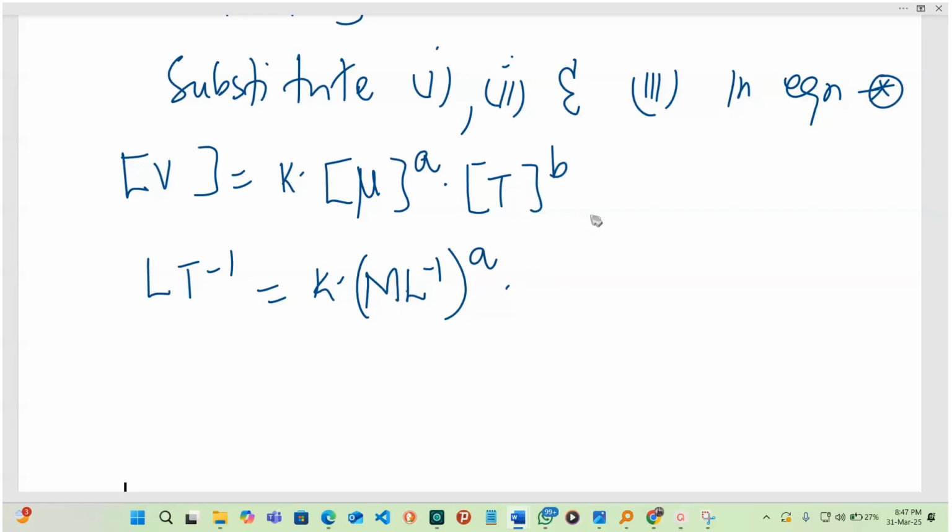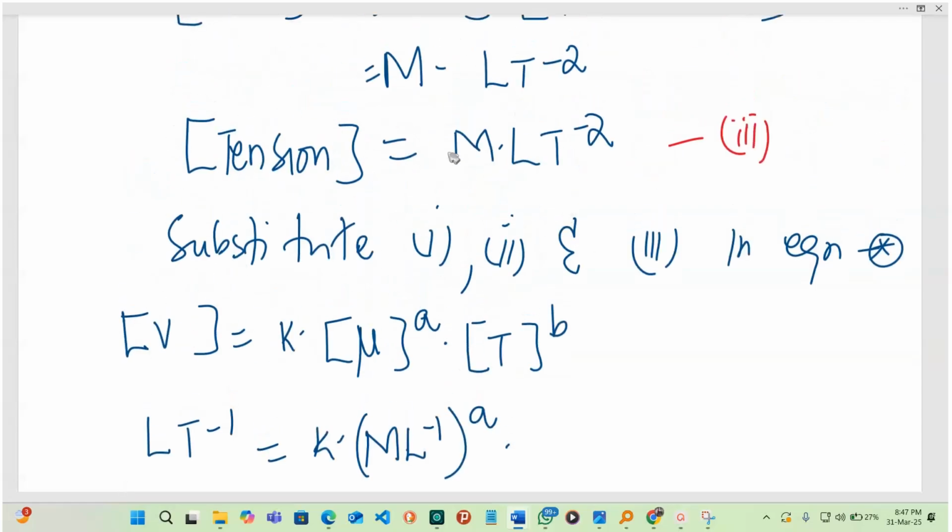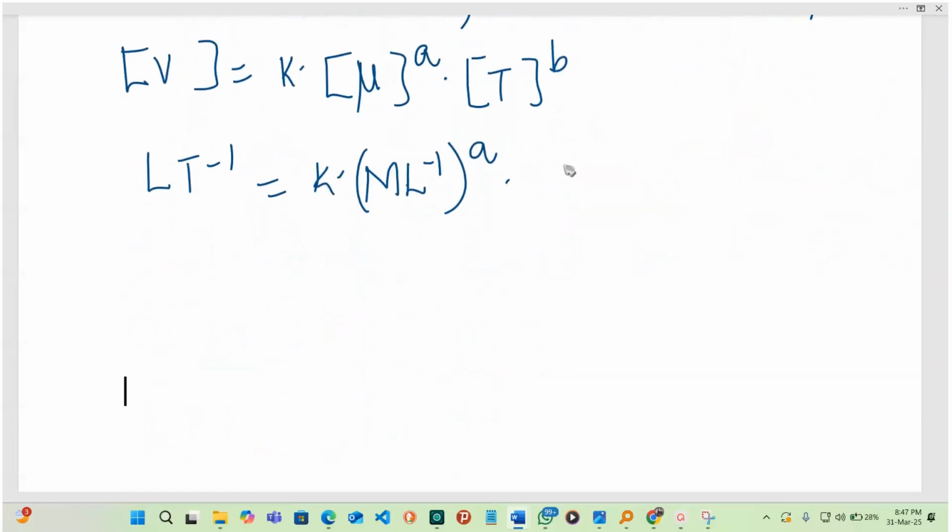Tension is force, so we just substitute M L T to the power negative 2, to the power B.